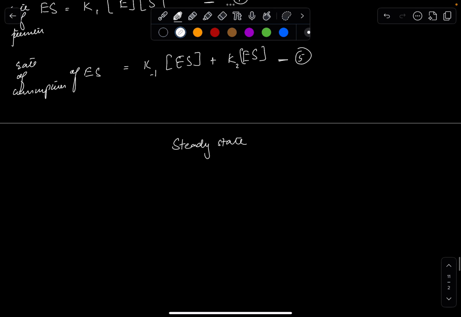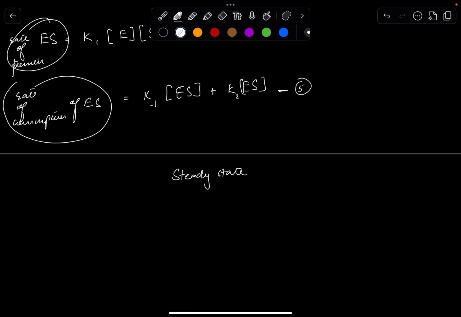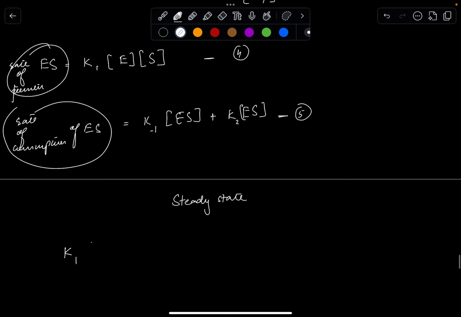So at steady state, the formation of the ES complex is happening at the same rate as the consumption of the ES complex. So what I can do is equate these terms together.